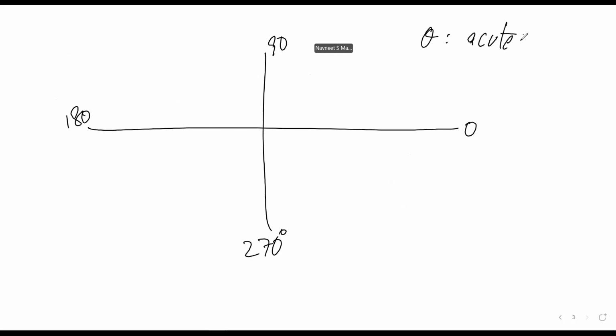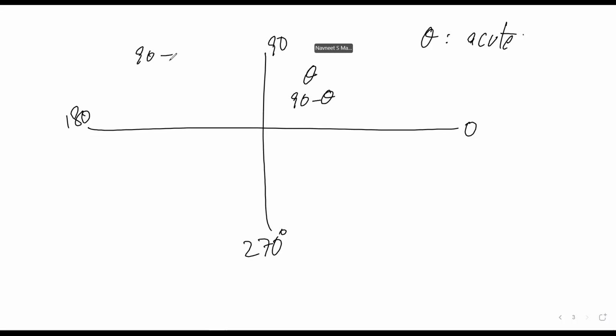So this would be my theta. If I do 90 minus theta, because theta is acute, 90 minus theta will always be acute. Have you understood what I'm saying? So, for example, if theta is 30 degrees, 90 minus 30, 60 degrees would always be in the first quadrant. So 90 minus theta would always lie in the first quadrant. Are we clear till here?